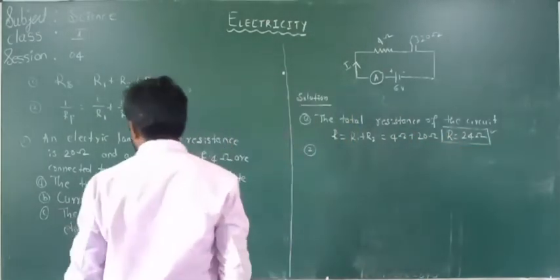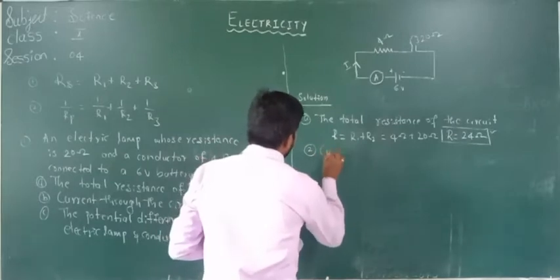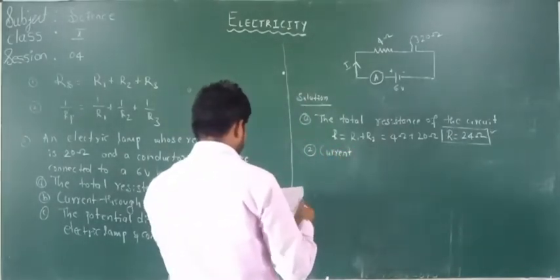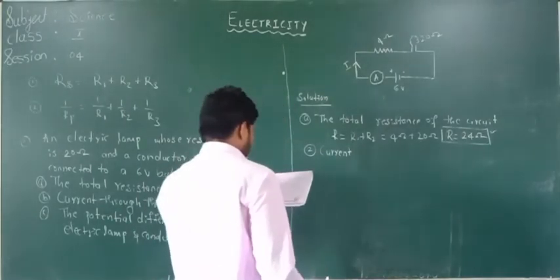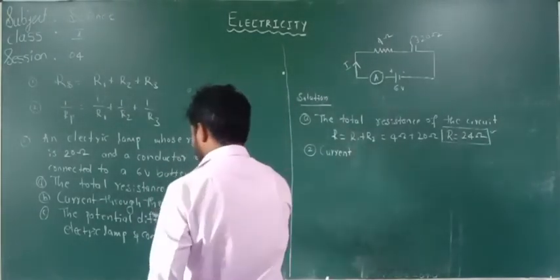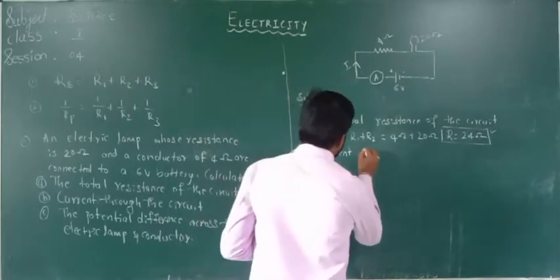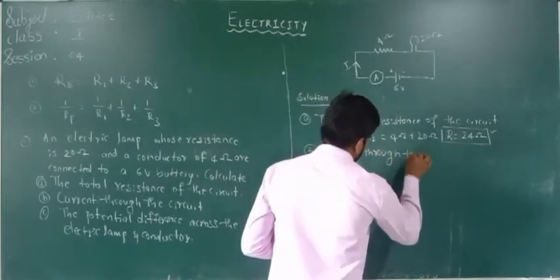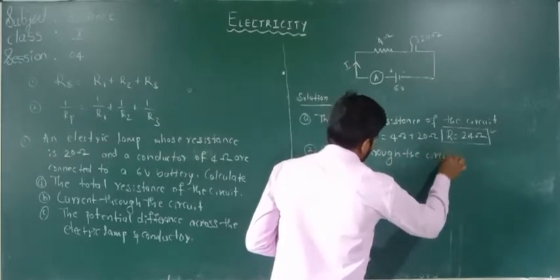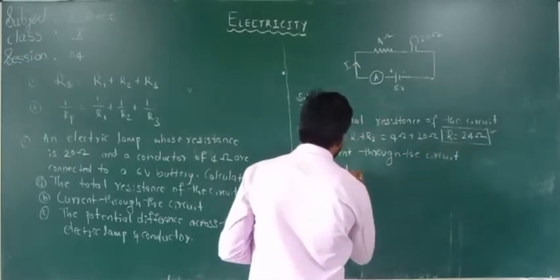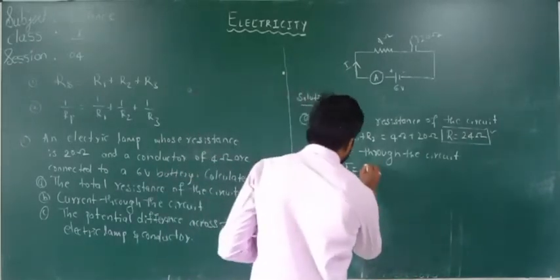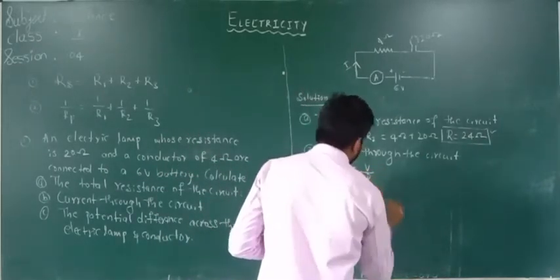And the second one is what they have asked, the current. The total current flowing through the circuit. I is equal to V by R. We know the formula.